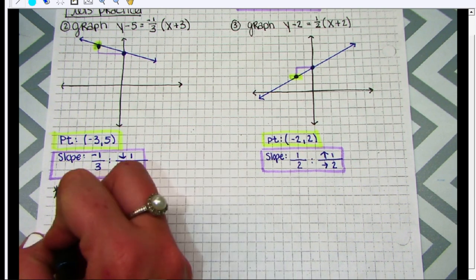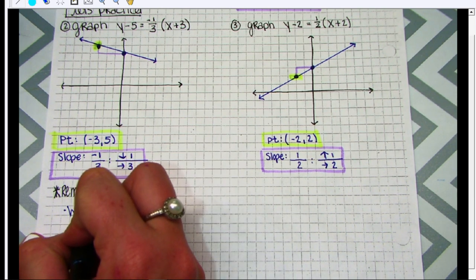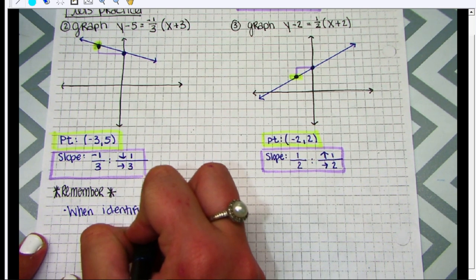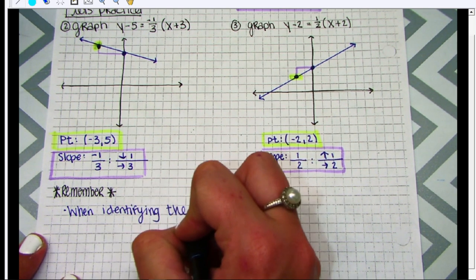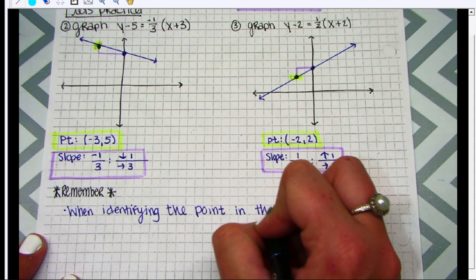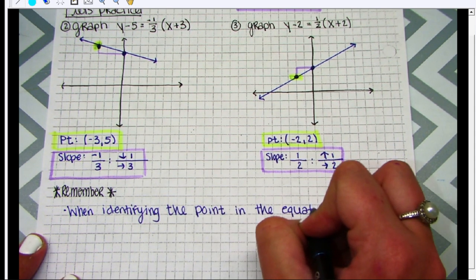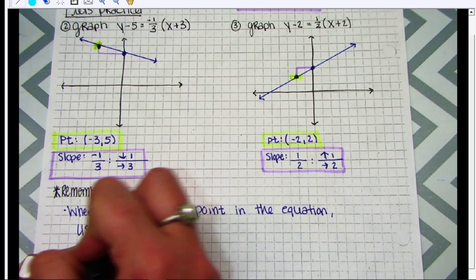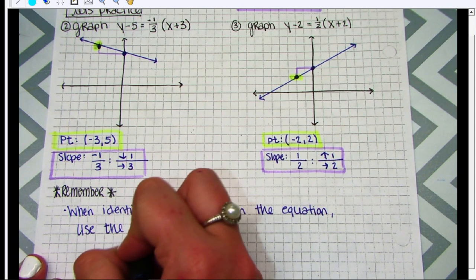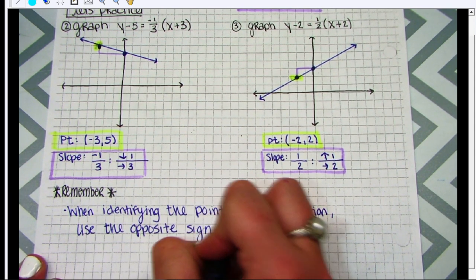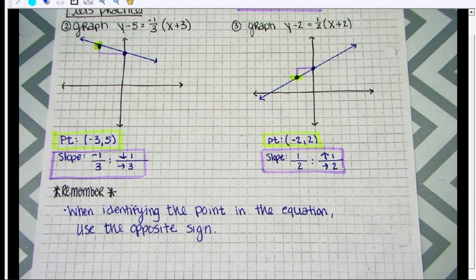Okay, the things we need to remember. The most important thing when identifying the point in the equation: use the opposite sign. That is the most important thing. You will do everything right. We're good at graphing slope.